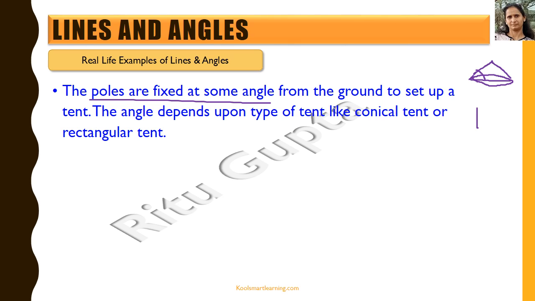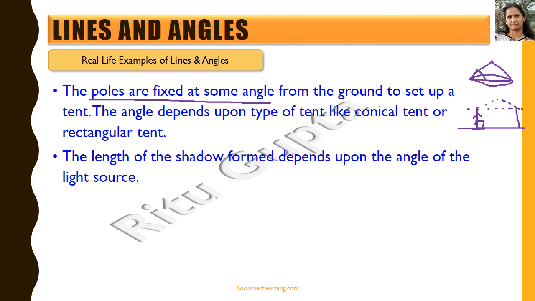But if we have a rectangular tent, like this is the ground, either like this or like this, we have these poles at 90 degrees to the ground. So the poles will be erected at some angle depending upon the shape of the tent required.